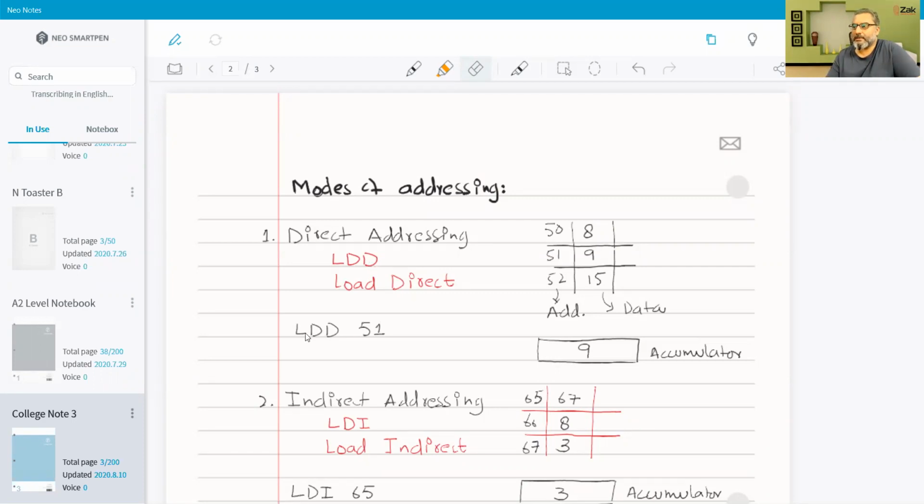So if I write load direct 51, the system will go to address 51 and bring in the content which is actually 9, and that content will go to the accumulator.